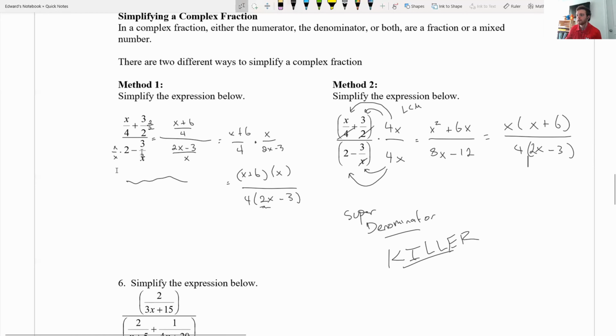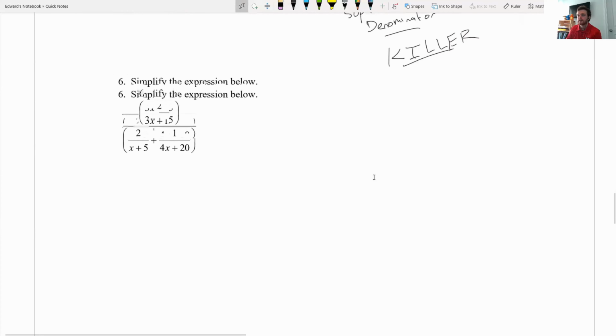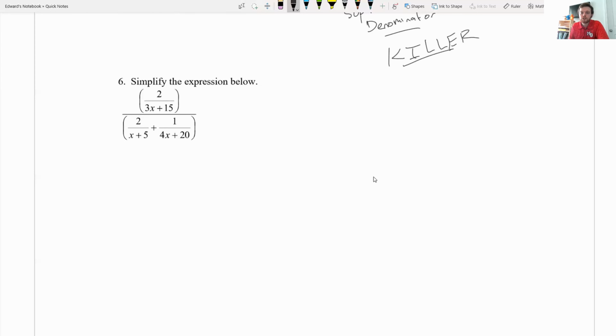All right, the super denominator killer method. I actually want to use that in number 6. So the first thing I want us to do, step 1, factor. Let's just factor everything. We got a 2 here. What is this denominator factor to? It's 3 times x plus 5. Cool.